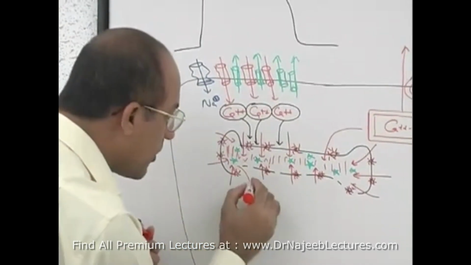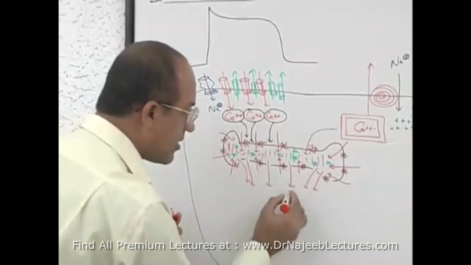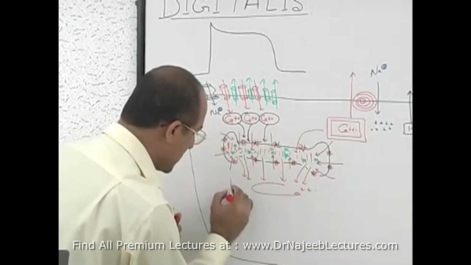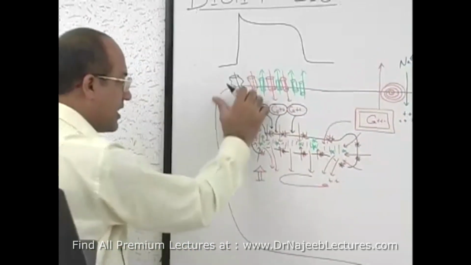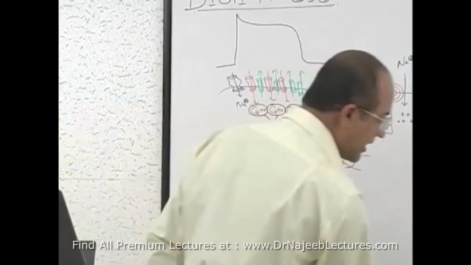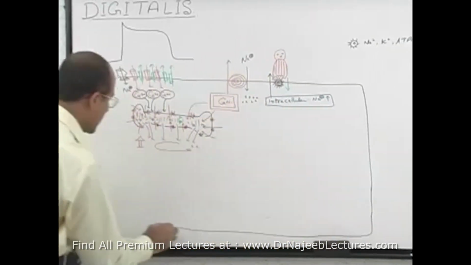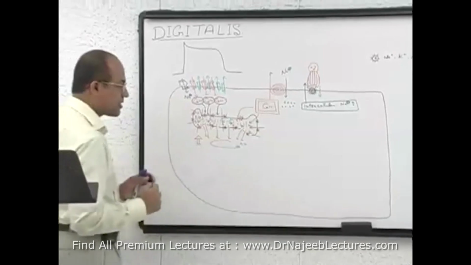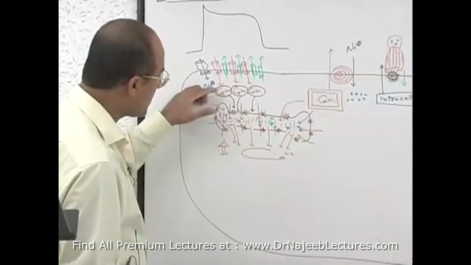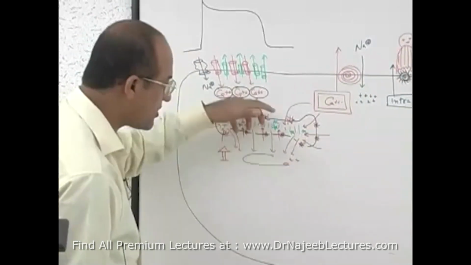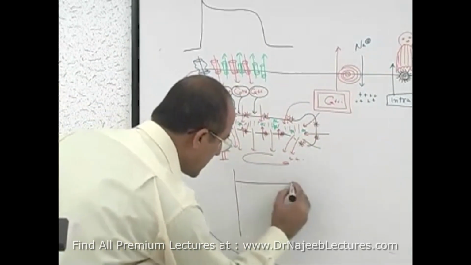And now, because it is overloaded with calcium, will it release a normal amount of calcium or an extra amount of calcium? As compared to the normal situation, there is too much calcium released. So the myocardial cells of a digitalized patient, under the influence of digitalis, retain more calcium stores in the sarcoplasmic reticulum, and on arrival of the action potential, especially during the influx of trigger calcium, they release a massive amount of calcium, and the remaining story of this calcium you must be knowing.